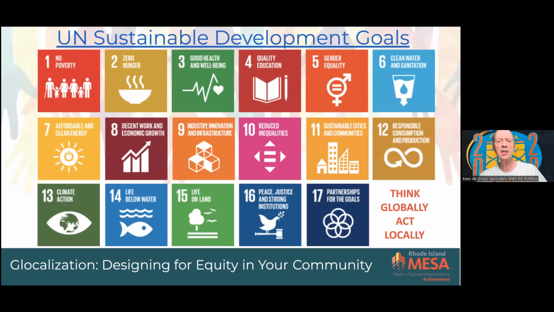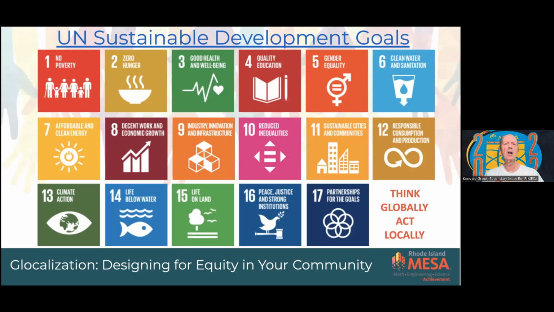There are 17 goals that the UN has set for global goals. And the goals that they have come up with seem to be sort of randomly organized. But as you go to the website, and I encourage you to do that, I will later post in the chat a link to my presentation so you can download it and you'll have all the links in there.